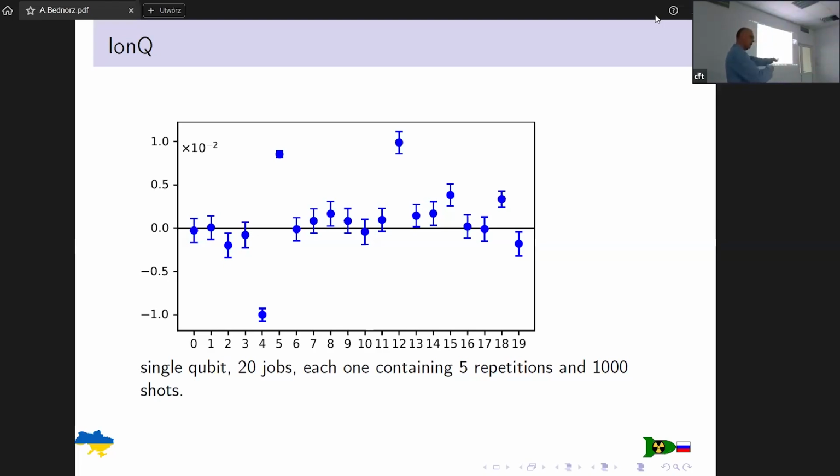In IBM you can be clever and shuffle the circuits to avoid the memory effect. In IonQ we cannot do it, because it runs like this: you have experiment 1 and test it 1,000 times. So evidently there could be some memory effect. We don't know it. We have to check it, or we should change the way of running it. But at least from this test, there is something wrong.